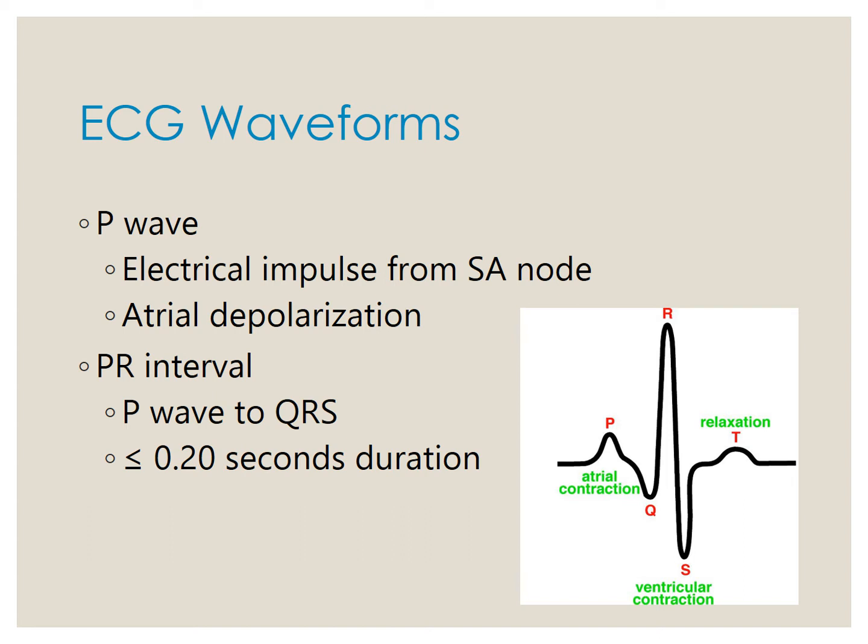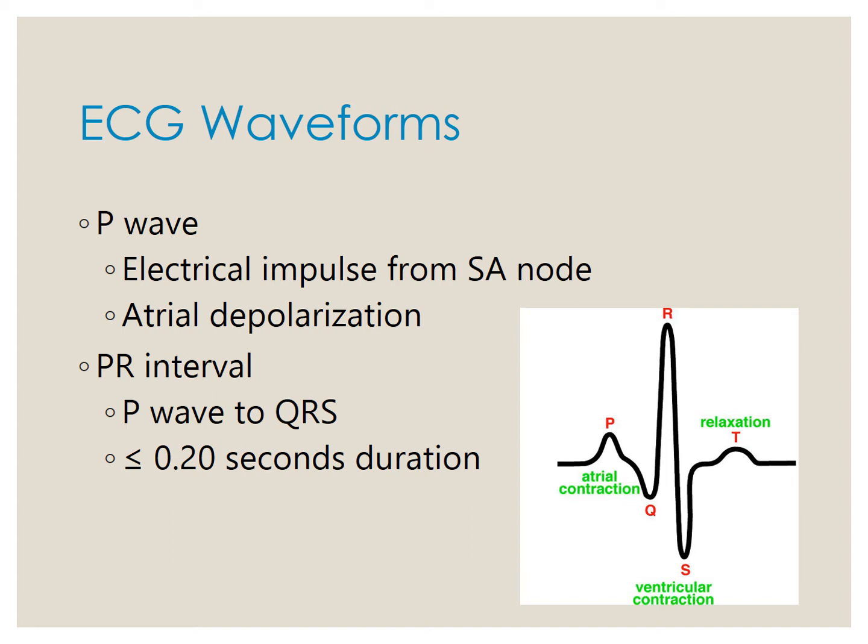Then the PR interval extends from the beginning of your P wave, which is your atrial depolarization, to the onset of the QRS complex, which is your ventricular depolarization, when the impulse travels through your AV node. So your P wave, as you can see there, is atrial contraction, your QRS is ventricular contraction, and those are both depolarization.